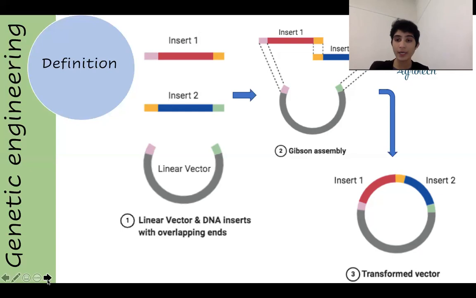Now the recombinant DNA will have three different sets of genetic material, and this is actually the example of Gibson assembly cloning. And this is also called recombinant DNA. So the transformed DNA will have a different set of genetic material, different genetic information. This is what genetic engineering is. The DNA has been constructed, transformed, and it has a new set of genetic material now.